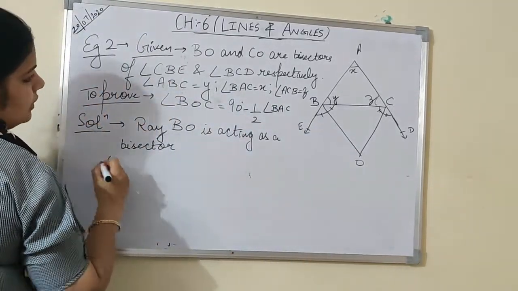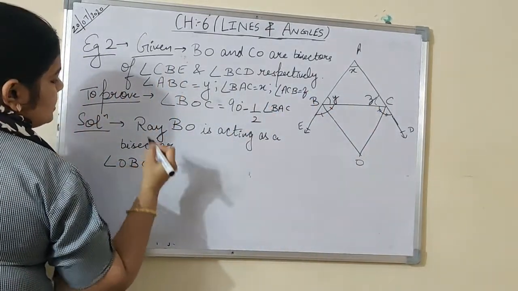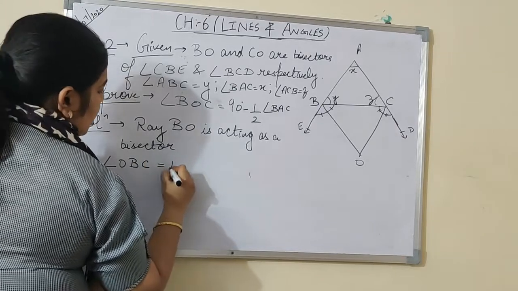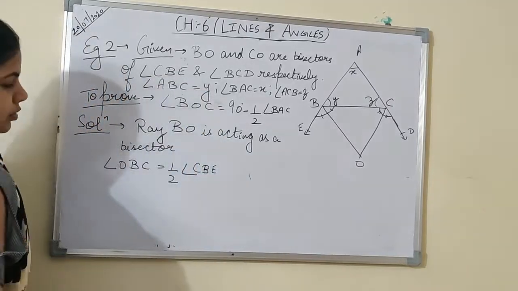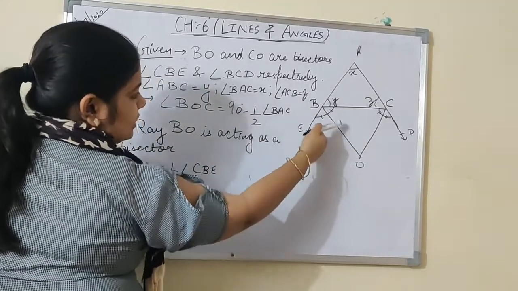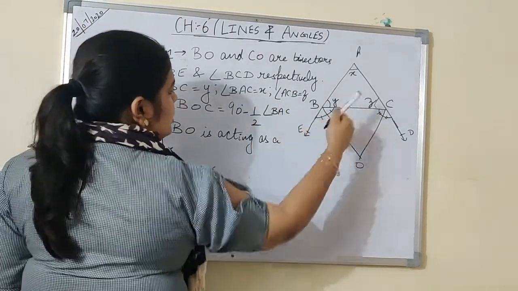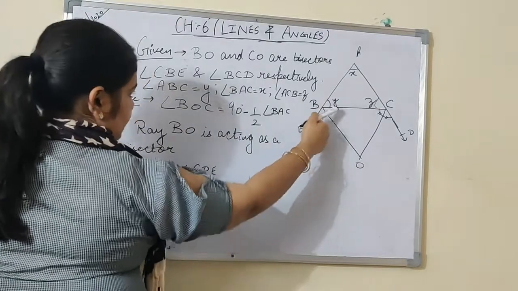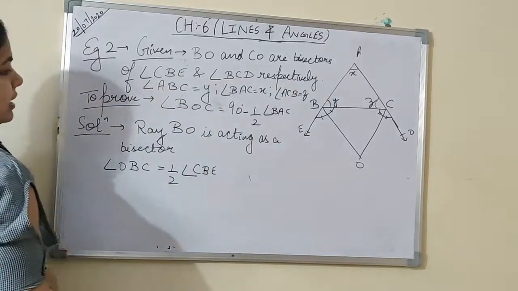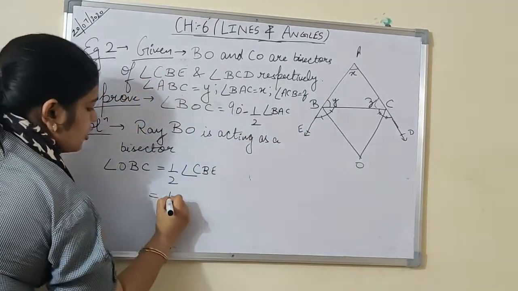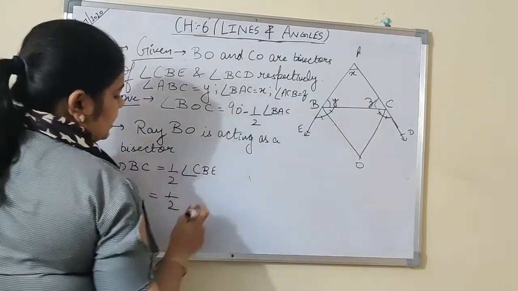That angle OBC is equal to half of angle CBE. Yes or no? As BO is acting as a bisector, that means this angle is equal to this angle. So I can write angle OBC is equal to half of angle CBE.